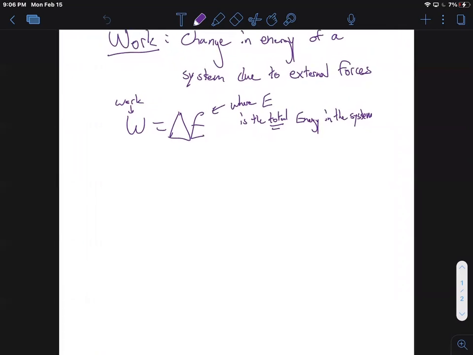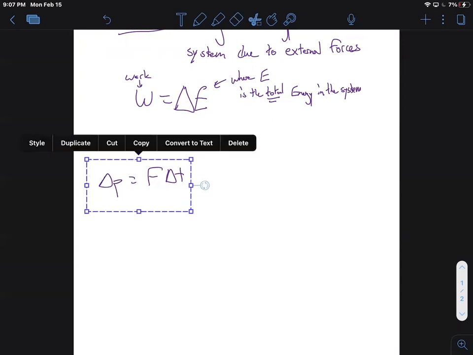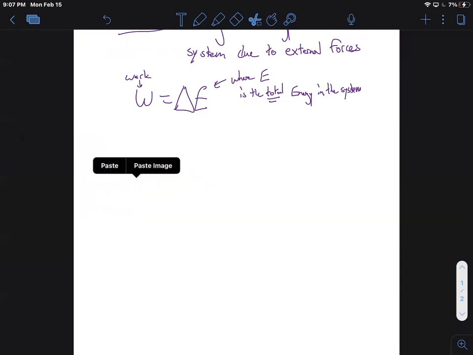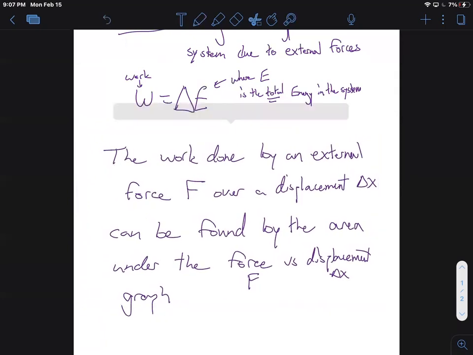If you remember thinking about momentum and change in momentum or impulse, we said it was the area under the force-time graph, or force times change in time for a constant force. Work is similar to that. Work, mathematically, we define as the area under the force-displacement graph.